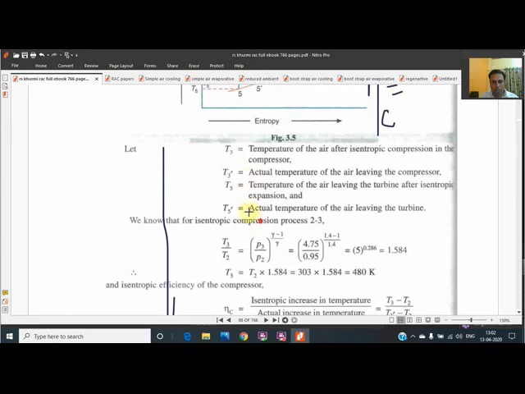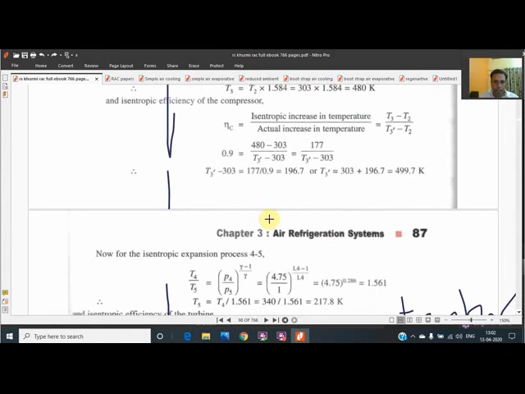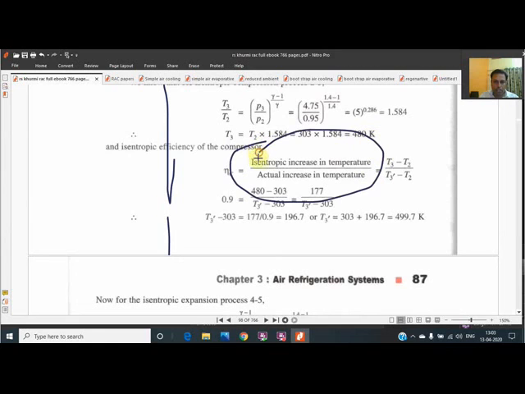So there they should have used actual decrease in temperature, that is lower, the value is less. Actual decrease, the value is less, and isentropic decrease, the value is more. So they should have used the term decrease instead of increase, and all other things are common.